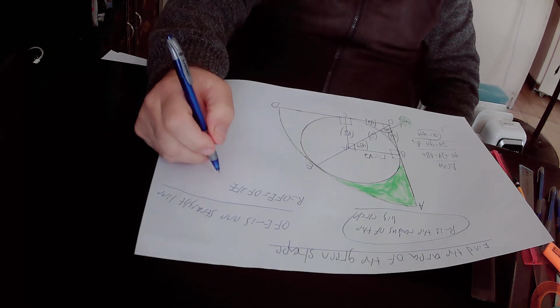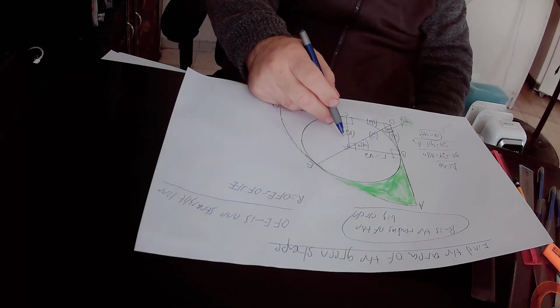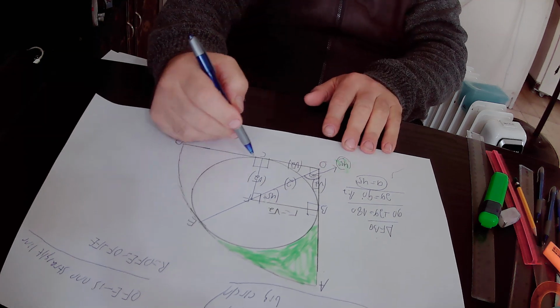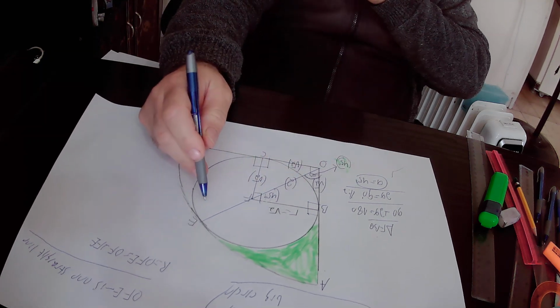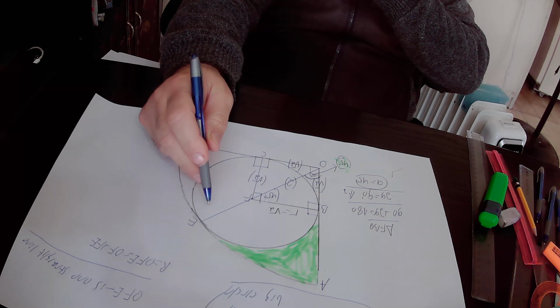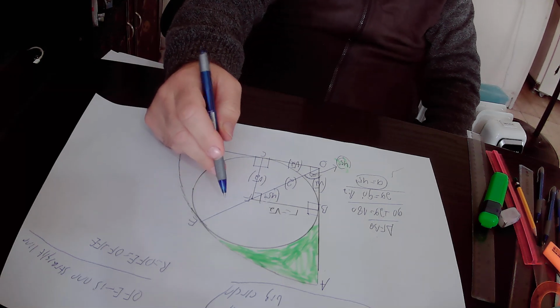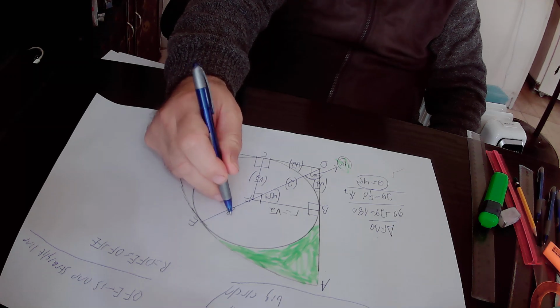So what is the length of line segment FE? We know that point F is the center of the small circle, point E is a point on the small circle itself. Therefore, FE is the radius of the small circle that is equal to the square root of 2 units.